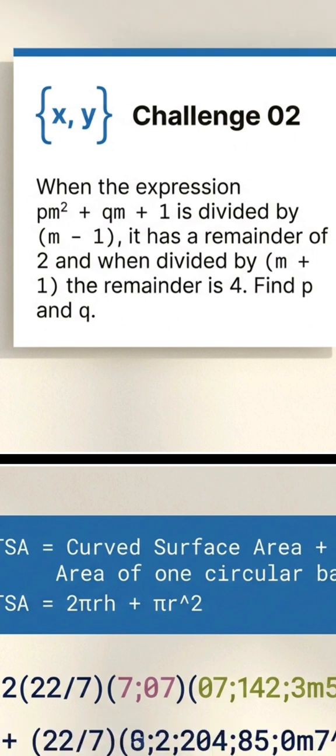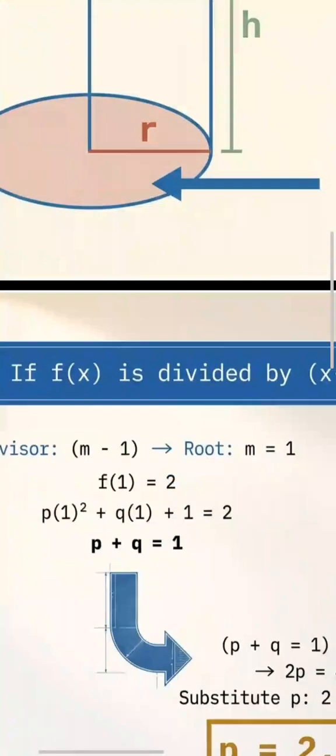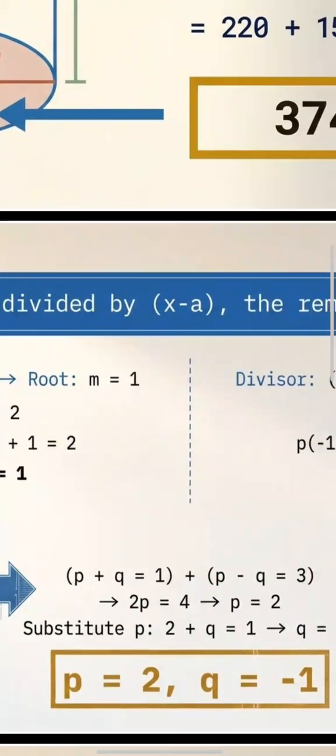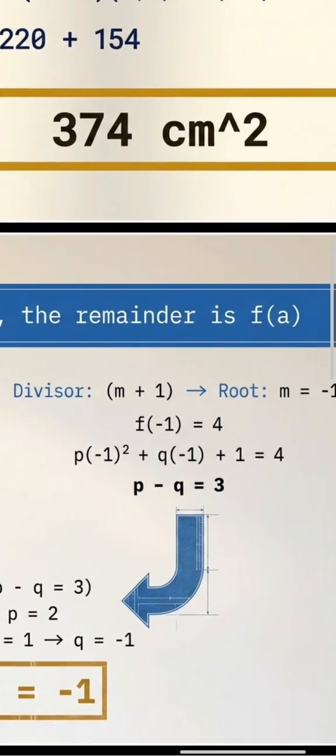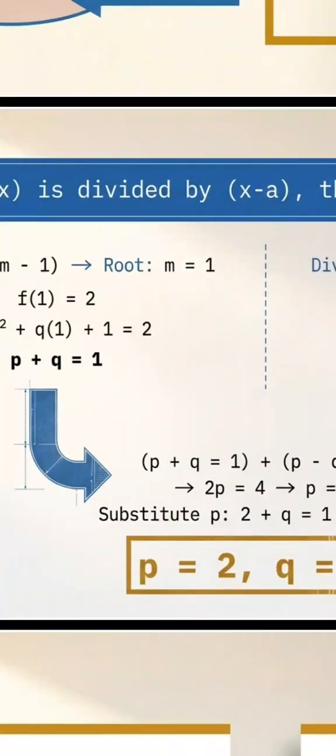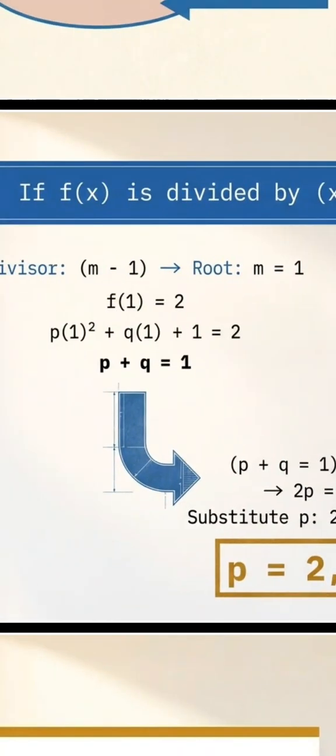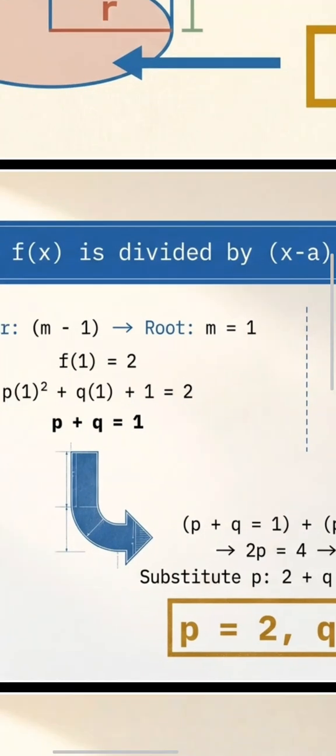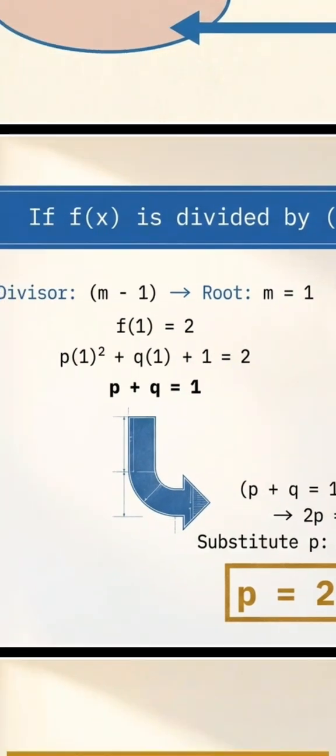Now since it is polynomial, the first divisor, m minus 1, means m minus 1 is equal to 0, then m is equal to 1. The second divisor, m plus 1, means m is equal to minus 1. Now you substitute m equal to 1 and m equal to minus 1 separately into p m square plus q m plus 1.